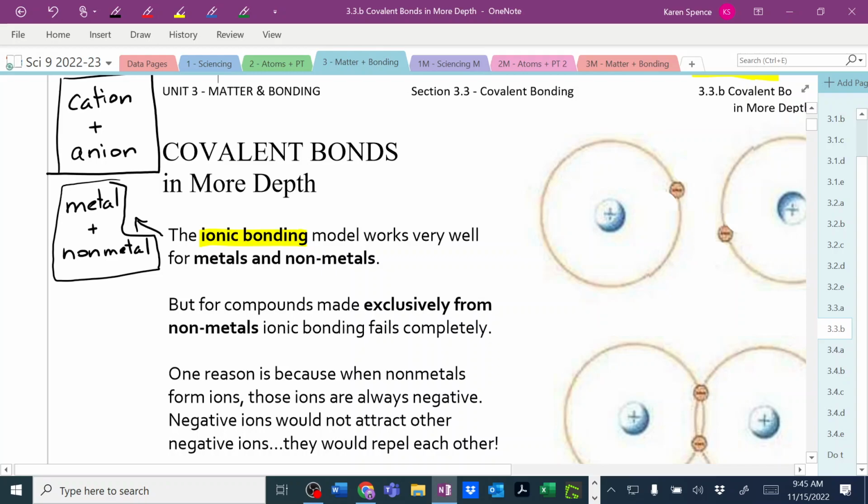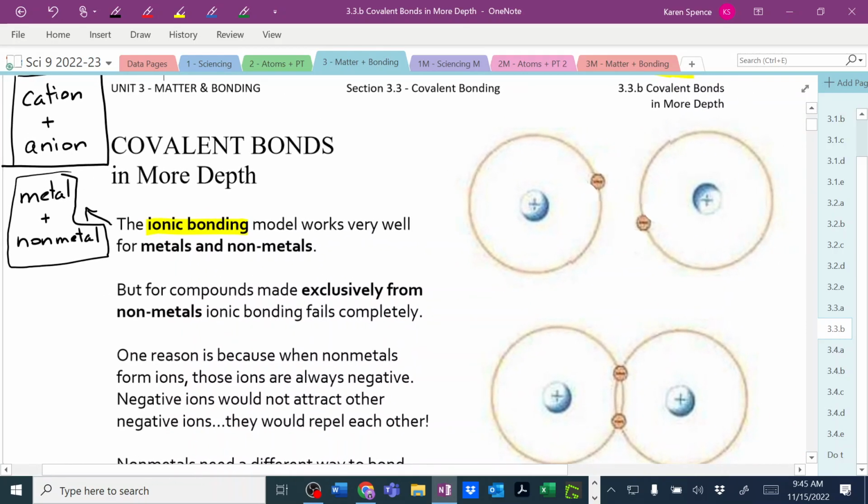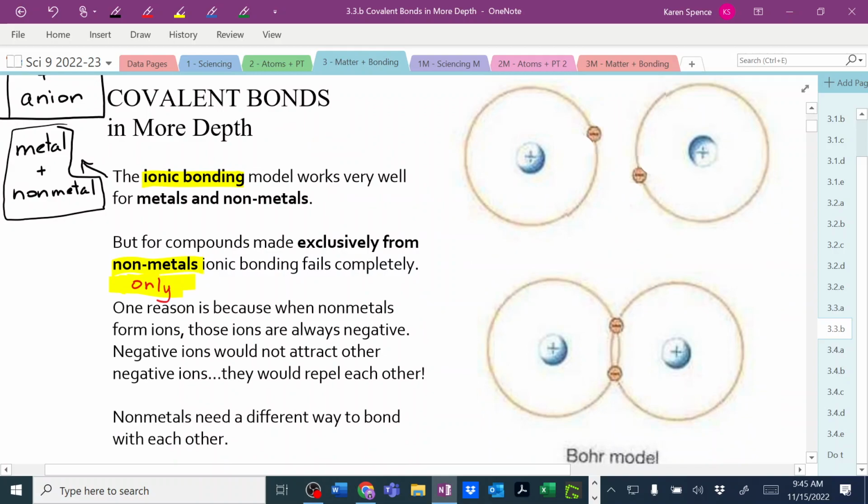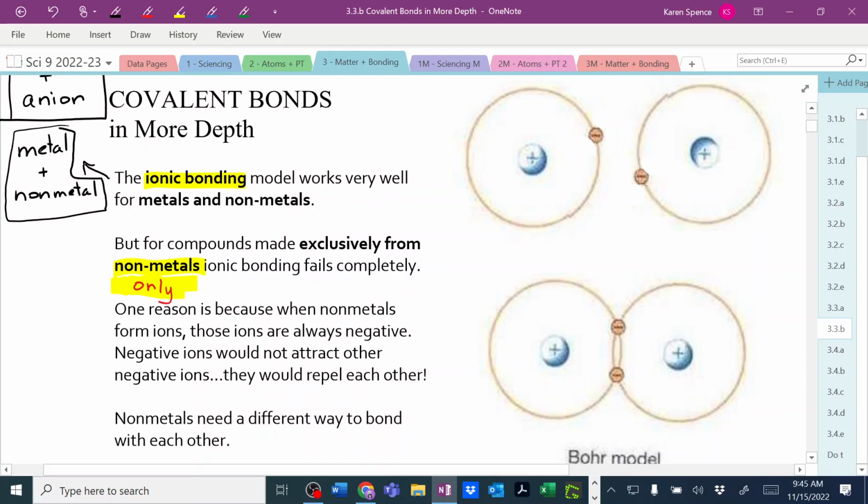But when we have compounds that are made exclusively from nonmetals, so nonmetals only, ionic bonding fails completely. It does not work. One reason is that nonmetals always try to gain electrons.